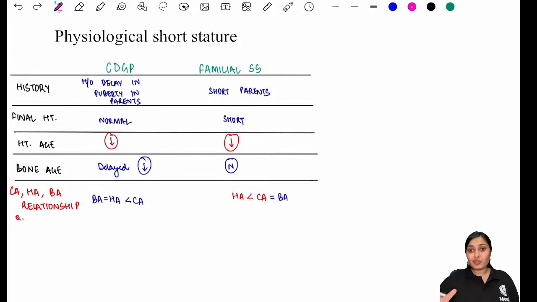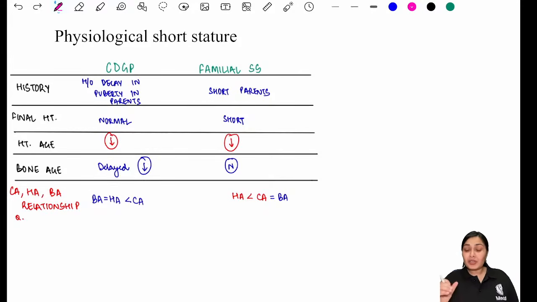The height age. What do I mean by height age? Let's say I know a normal length of a child at birth is 50 centimeters, and at 1 year it's 75 centimeters. So if I say a child's length is 75 centimeters still at 2 years of age, that means the height age of the child is less, right?